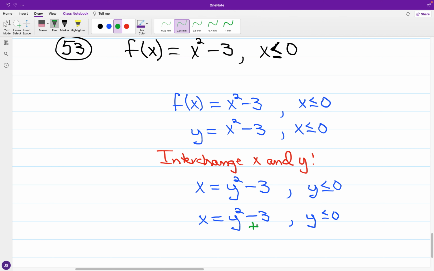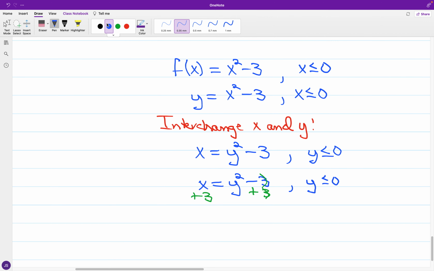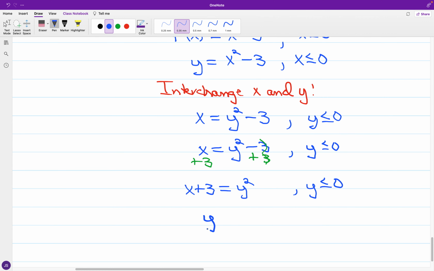I add 3 to both sides, so right now we have x plus 3 is equal to y squared. And I'm just going to swap sides here, so you have y squared is equal to x plus 3.